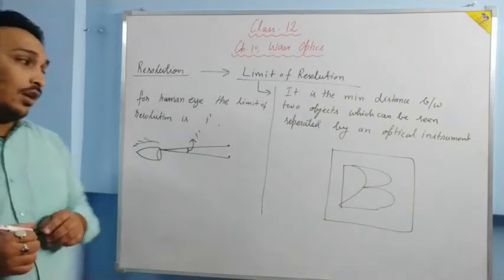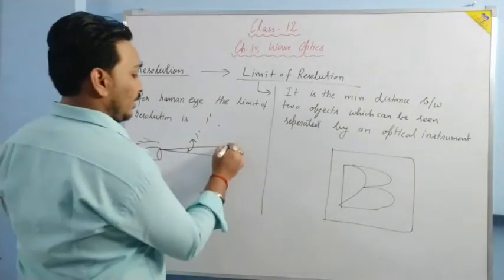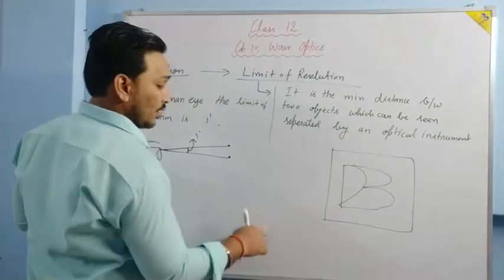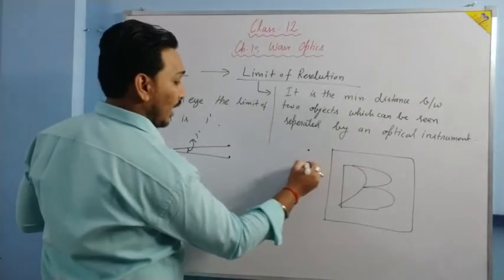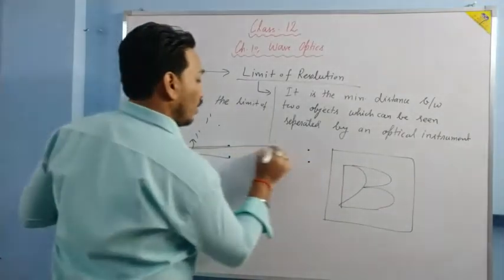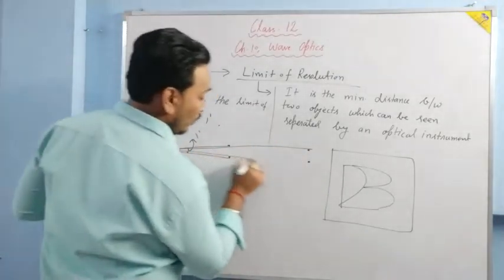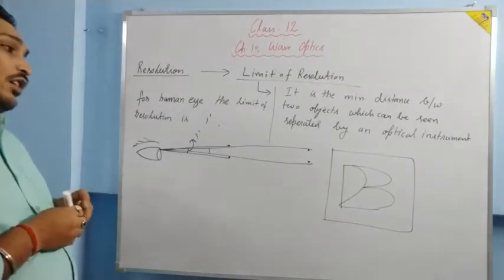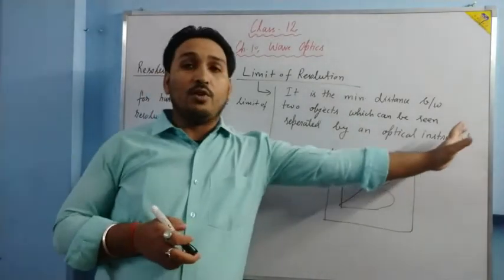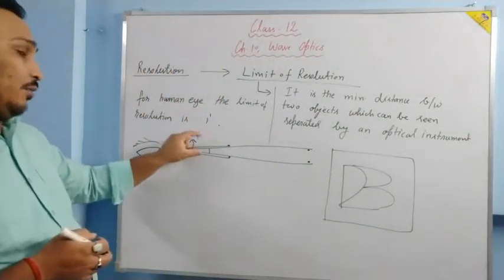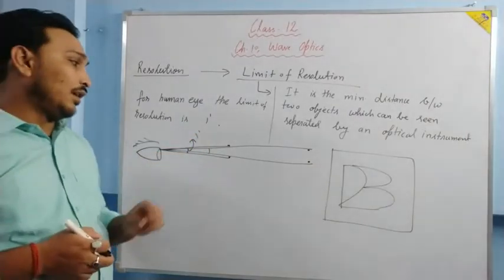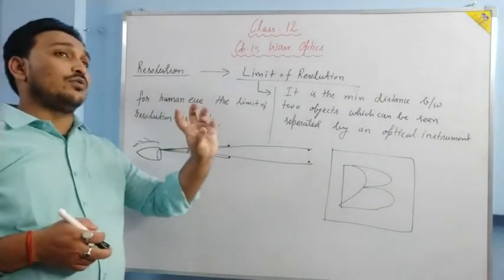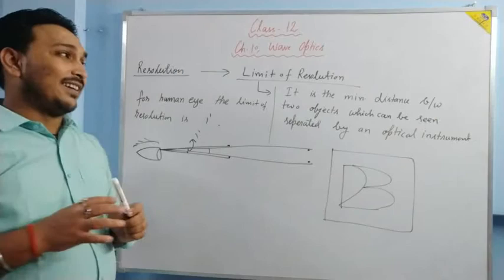Is it clear? But suppose with the same distance, if these objects move very far away from the eyes, then what happens? Now they make a smaller angle. If they keep on moving away from the human eye, then this angle becomes very small, and then we are not able to see the objects clearly.